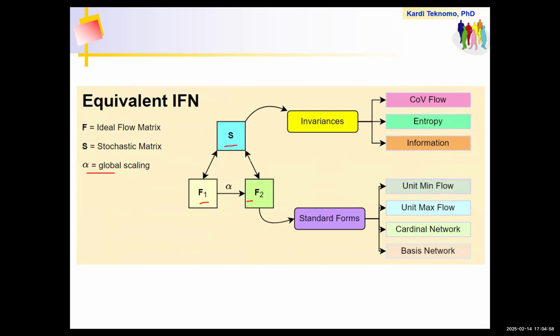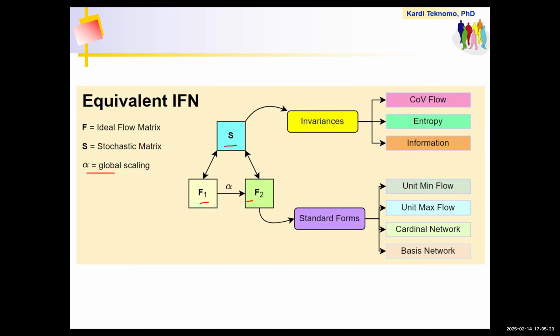Because they are equivalent, there are certain invariants, things that do not change. Based on the tree here, you can see there is something not changed. For example, the coefficient of variation of the flow does not change. The entropy does not change. The information does not change.